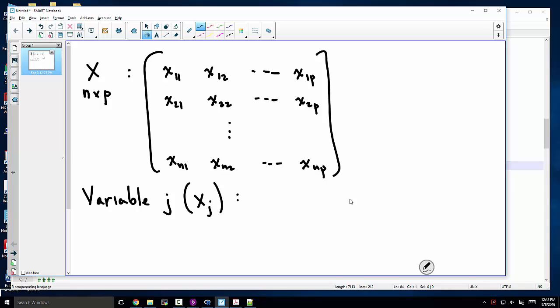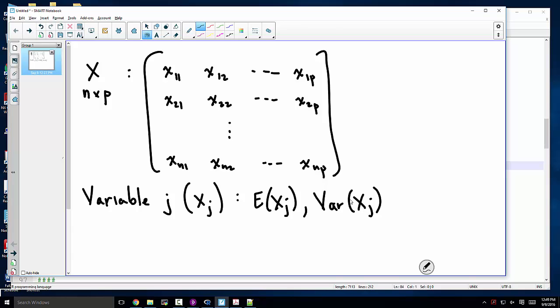There's a mean, so there's an expected value of xj, and there's a variance of xj. And we could characterize and estimate both of those by just looking at the jth column. Give me all the individuals' measurements on variable j. We could compute a sample average to estimate the expected value. We could compute a sample variance to estimate the variance.